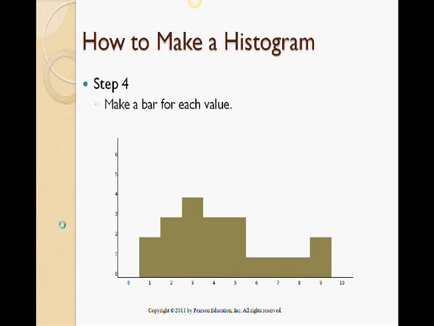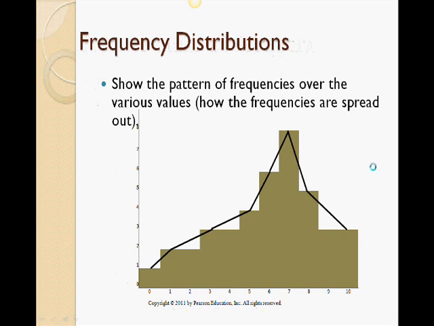Now, from a histogram, we can also see what's called frequency distributions. Frequency distributions show the pattern of frequencies combined, for example, how the frequencies are spread out, how close they are, and so forth.